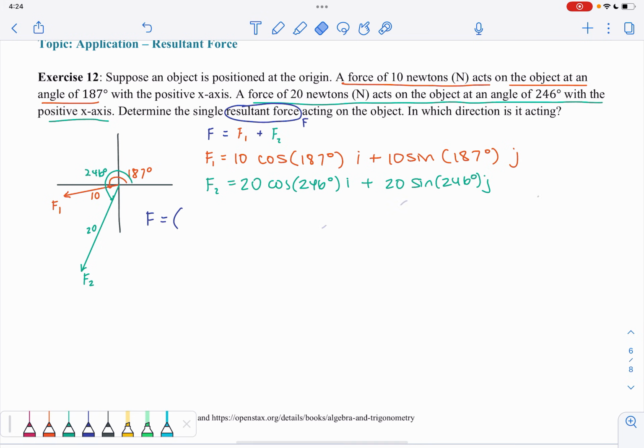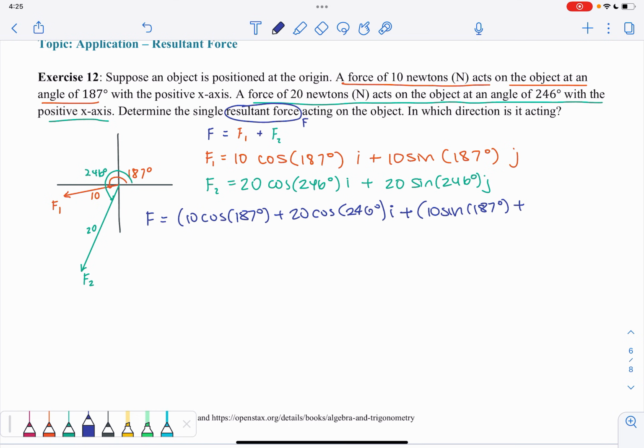So the horizontal component is 10 cosine 187 degrees plus 20 cosine 246 degrees, i, plus 10 sine of 187 degrees plus 20 sine of 246 degrees, j.